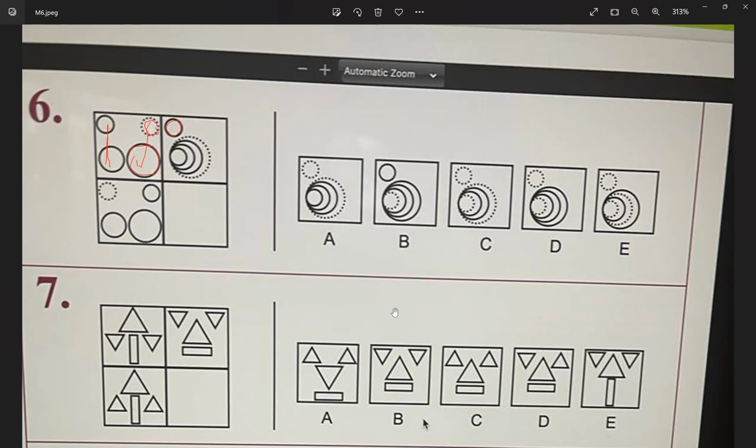The dotted line will stay the same in the top picture, so you can eliminate B, and then this will go here. So you have a dotted line here, kind of circle, so you can eliminate A since it's solid there. And then you're going to have the dotted biggest shape.